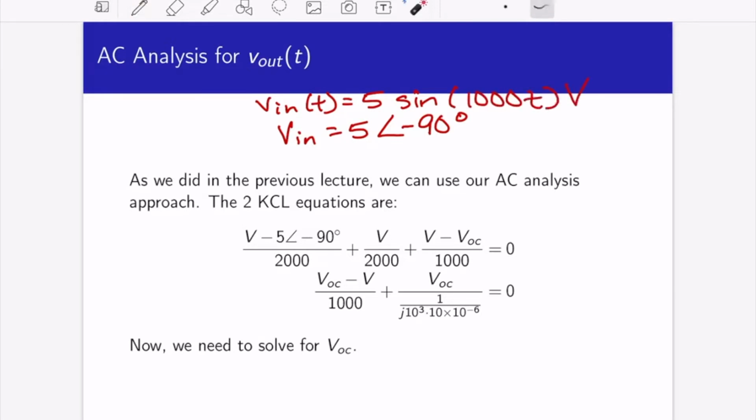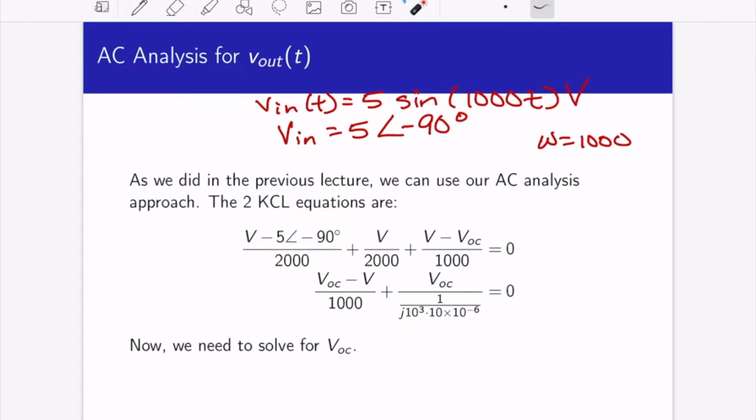So the amplitude of that is going to be 5, okay? And because I put sine here, we have to convert it to cosine to have it in phasor form. So that's going to be minus 90 degrees. And of course, omega is equal to 1,000. So we take the equations from the previous slide, plug in Vn, plug in omega, and we have these exact equations I have shown.